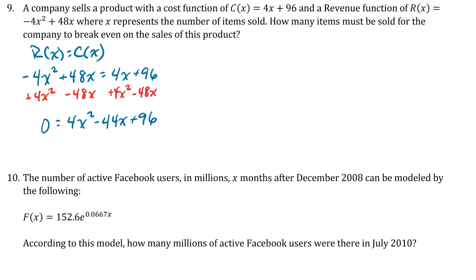All right, we actually have a GCF before we do split b. So we can take out a 4. We're going to get x squared minus 11x plus 24. All right, so now we want to do split b on it.